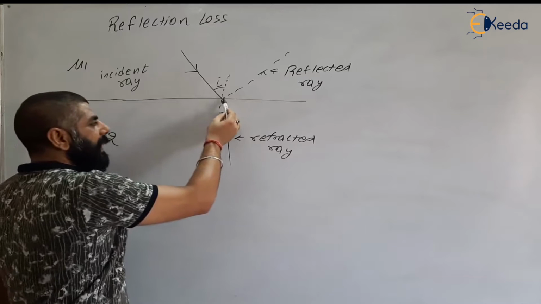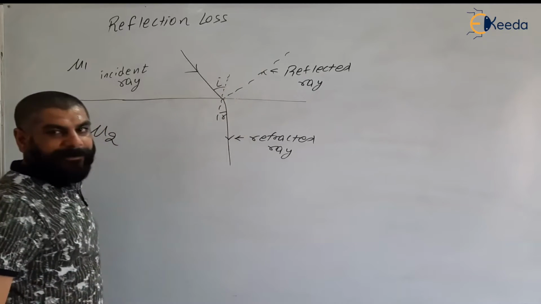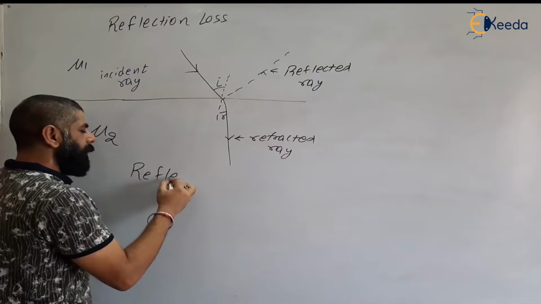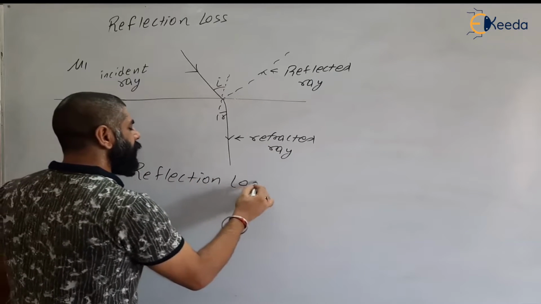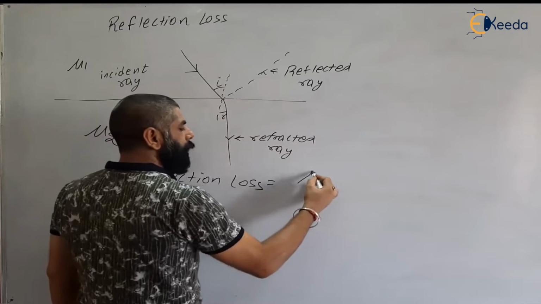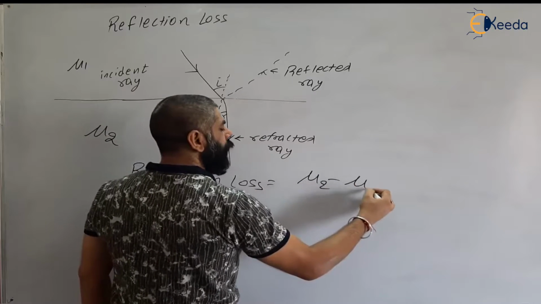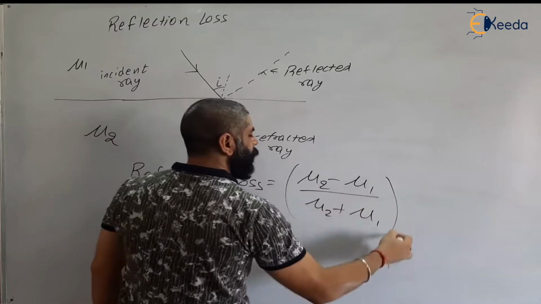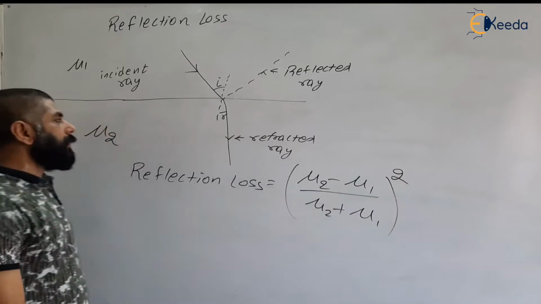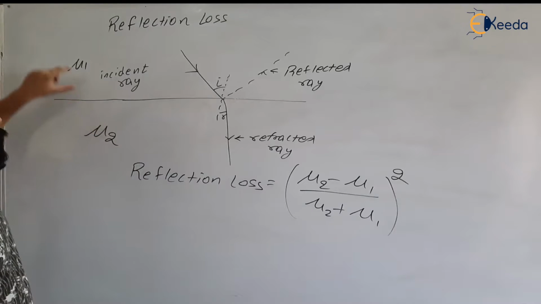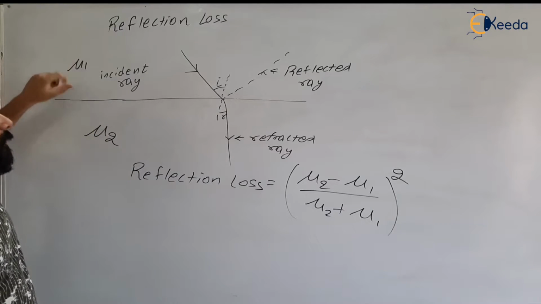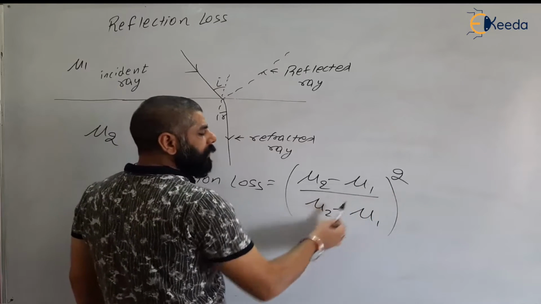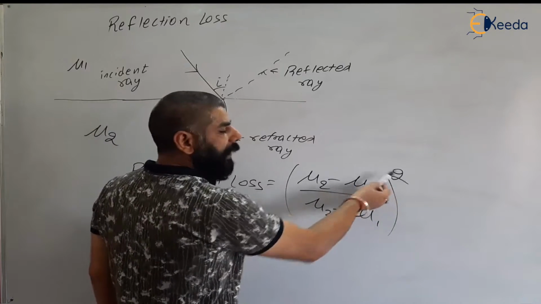Some of the light at the boundary is reflected, which causes the reflection loss, and that reflection loss is given by mu 2 minus mu 1 upon mu 2 plus mu 1, whole square. Here mu 2 is the refractive index of medium 2 and mu 1 is the refractive index of medium 1. Even if I write mu 1 minus mu 2, the formula remains the same because of the square.